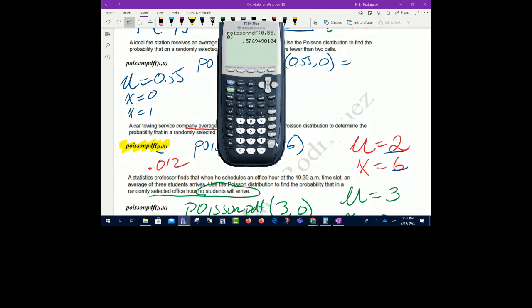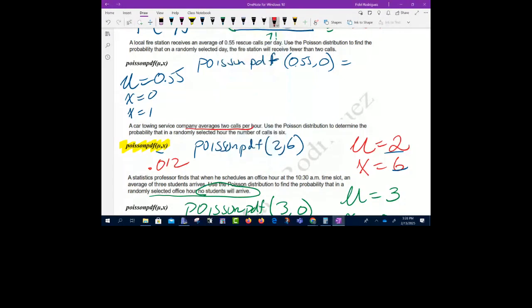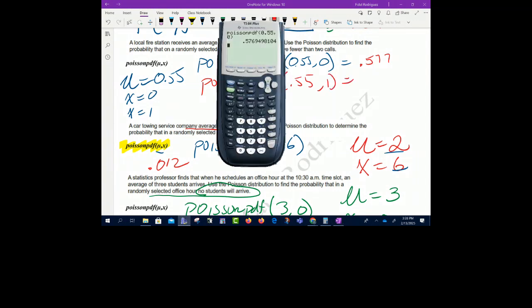And that number, if I round it to 3 decimal places, what do you say, 0.577? Right, 0.577. And then, my friends, I'm going to do this again at 1. And I'm getting 0.317.